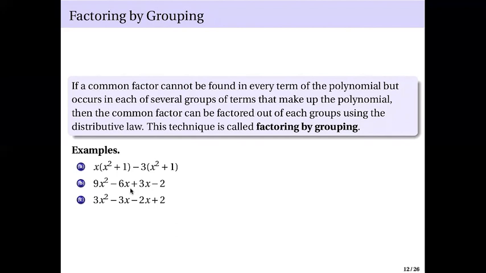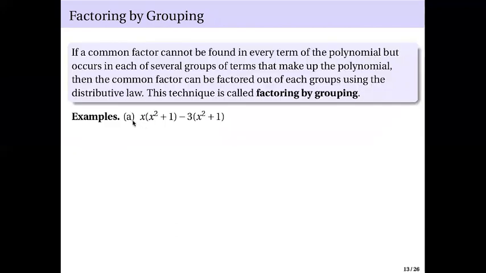So for the first one here, you have A. This is x times x plus 1 squared minus 3 times x plus 1 squared. Wait, did I state the correct expression here? If not, let me just state it. The expression is x times x squared plus 1 minus 3 times x squared plus 1.